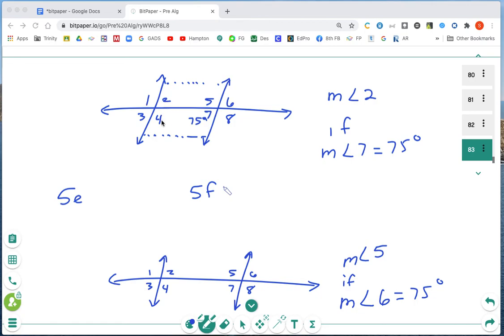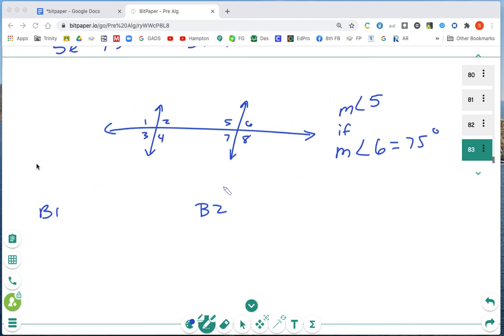So we have 2, 4, 5, and 6 are interior angles. 1, 3, 6, 8 are exterior angles. 7 and 2 are alternate interior angles because they're on alternate sides of the transversal. So alternate interior angles, making them the same degrees.